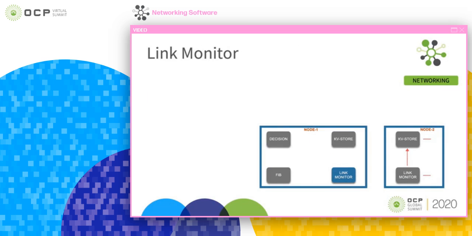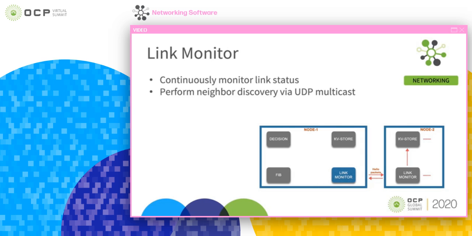Let's take a look at the link monitor. The link monitor module is responsible for discovering the local ports that are available on the system and monitoring their status. On a link up, when a new port comes up, it starts discovering the neighbors on that link by UDP multicast messages.